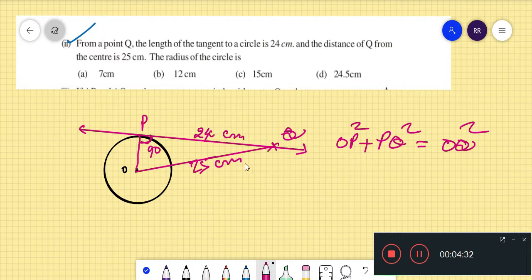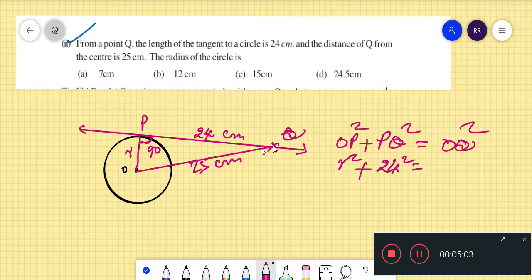So OP, how much is OP? OP is the radius of the circle. We don't know the length of OP, so put R square or OP square, whatever it is, plus PQ square. PQ square means 24 square, is equal to OQ square.